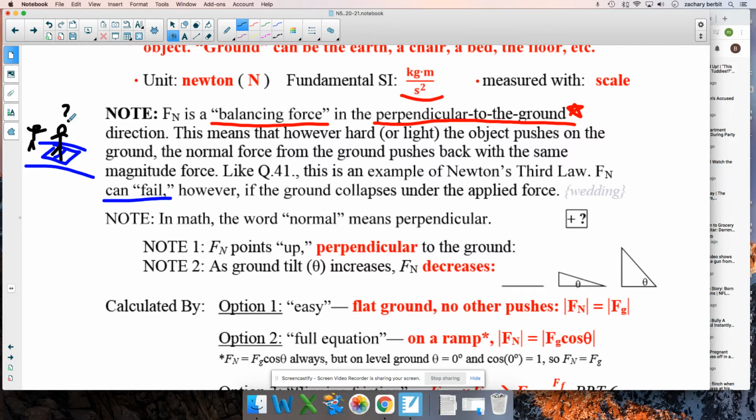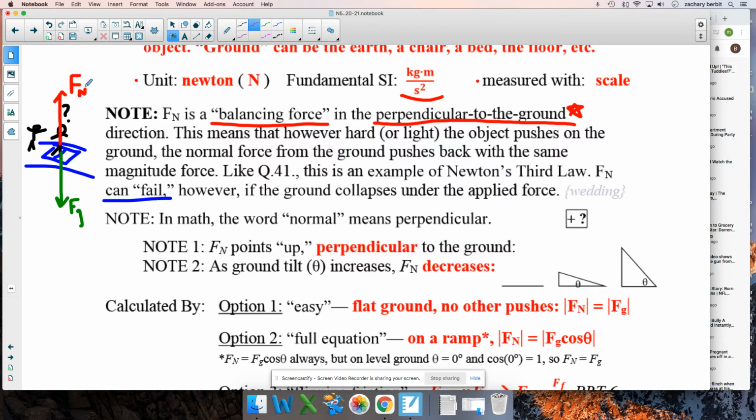What would happen? If the ground gives way, if this door fails, all of a sudden, your picture turns from FG down, force of gravity down from the earth, normal force up from the ground.